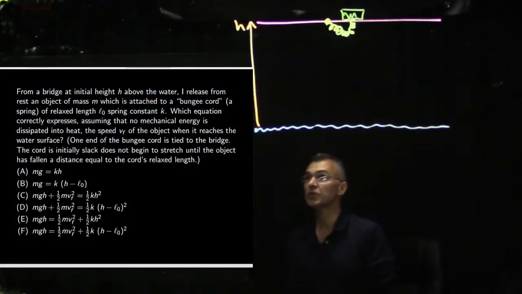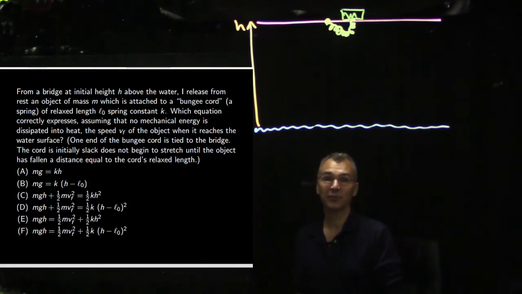Interesting. From a bridge at initial height h above the water, I release from rest an object of mass m, which is attached to a bungee cord, which basically is a spring, whose relaxed length is L0, and it has a spring constant K. Which equation correctly expresses the speed v final of the object when it reaches the water surface, assuming that no mechanical energy is dissipated into heat?